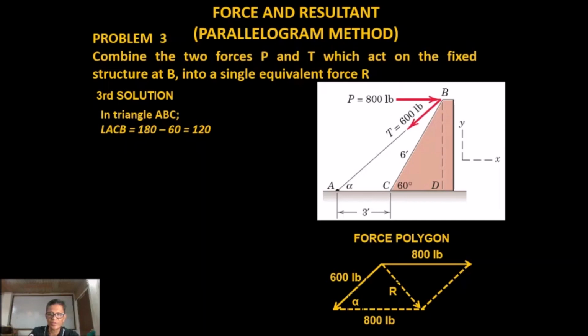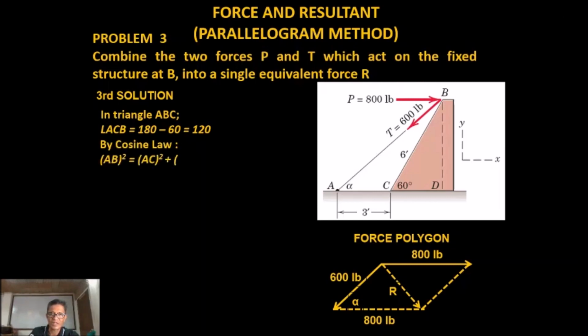Let's start at point C. At point C, we have 60 degrees, and line ABCD will be one straight line, and therefore we have 180 degrees. So angle ACB is equal to 180 minus 60, that's equal to 120 degrees.